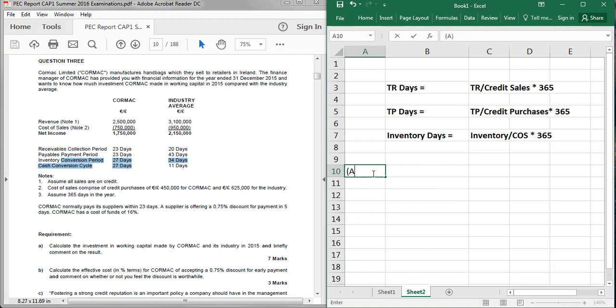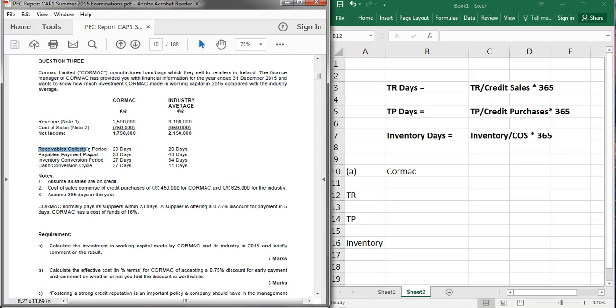So if we start with A, I'm assuming you've read through the question, so if not, pause it and read down through it. We're going to work back for Cormac, and figure out how much is in trade receivables, how much is in trade payables, how much is in inventory. We use the formula we have up here, but we're working backwards. We know receivable collection days is 23.